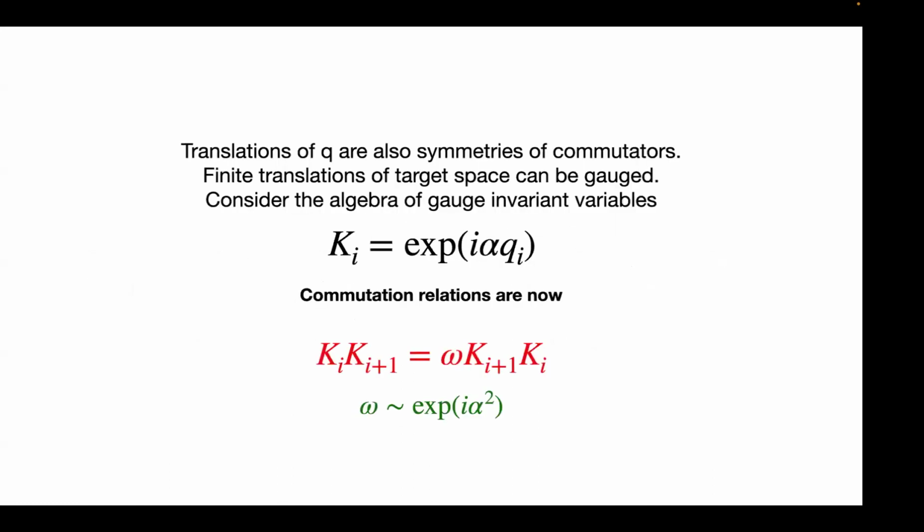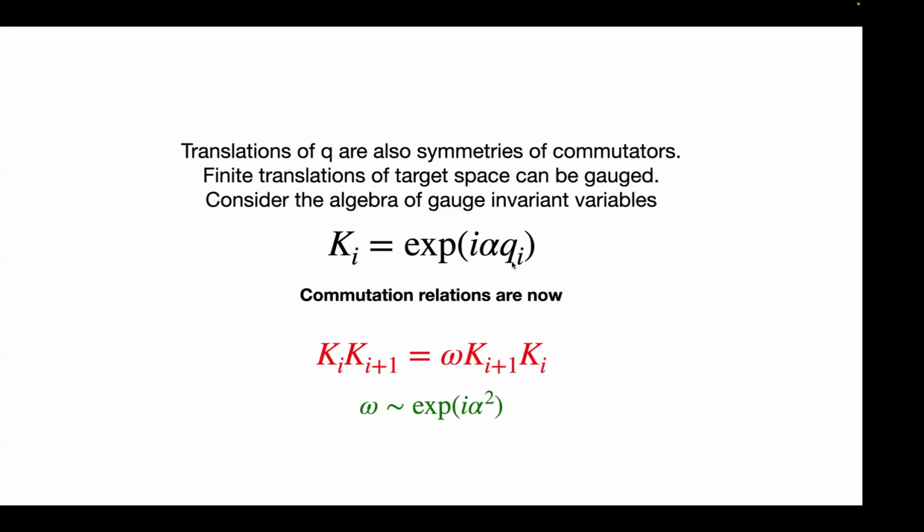It turns out that the symmetry algebra of the Qs also has a symmetry of translations in target space, meaning that if I shift the Qs relative to each other by c-numbers, they still satisfy the same commutator algebra.